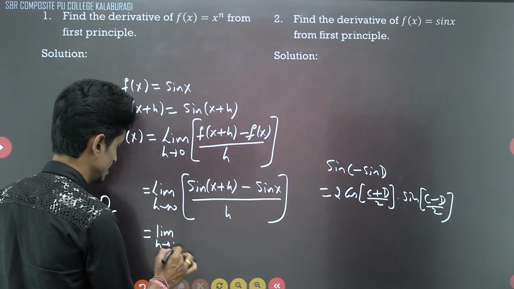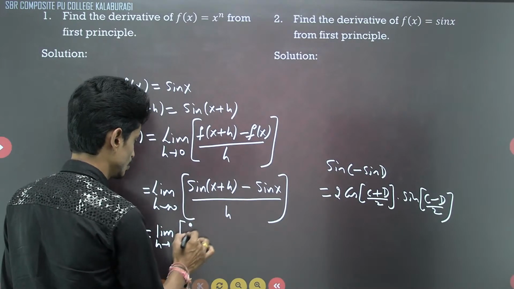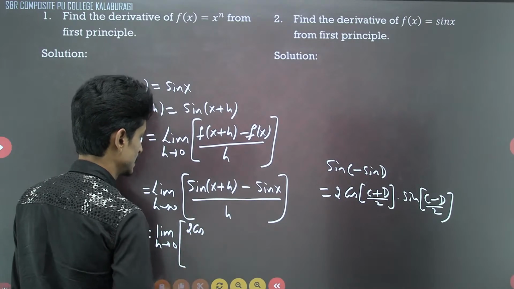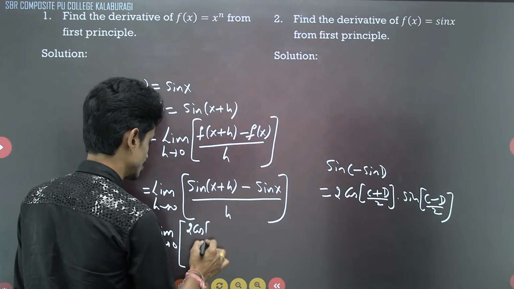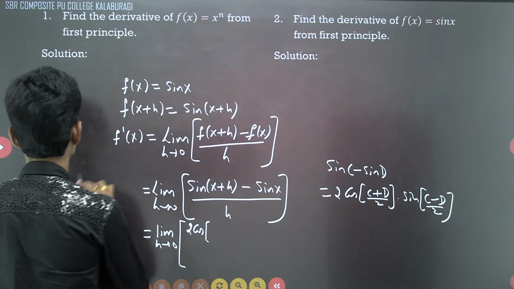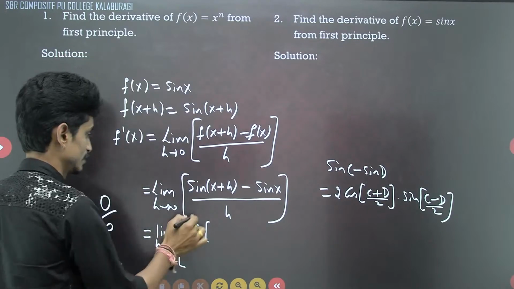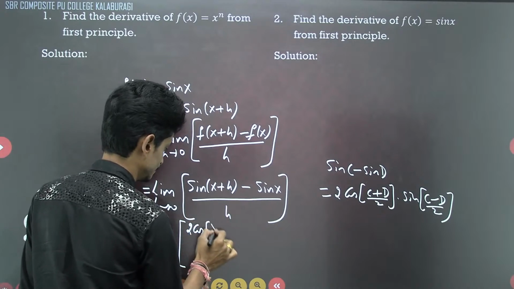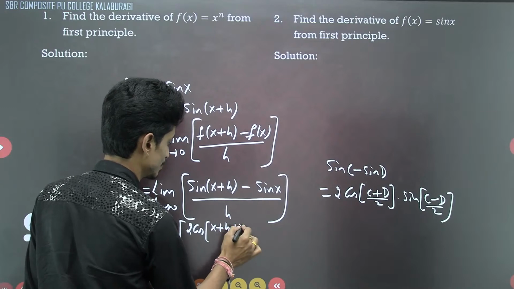limit as h tending to 0, substituting here 2 times cos of, what is this? C value should be x plus h, plus D value should be x.